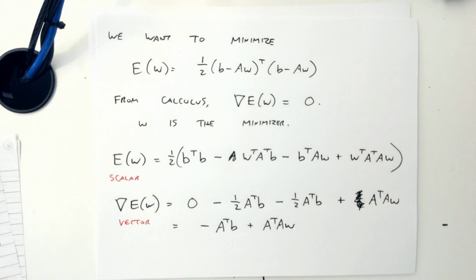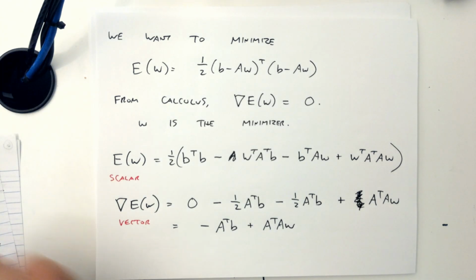So this is the point where you may be wondering where this came from. If you don't see it, you can always work it out element by element to convince yourself that this is why it works. In general, it's like saying the derivative of something times a vector.